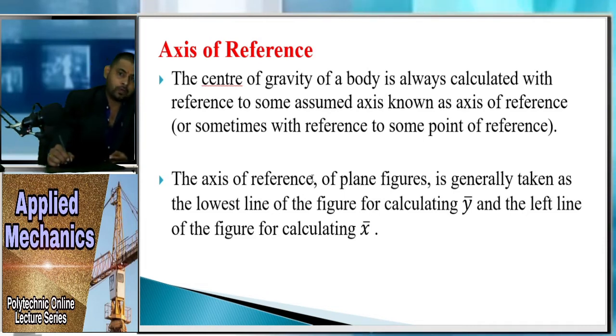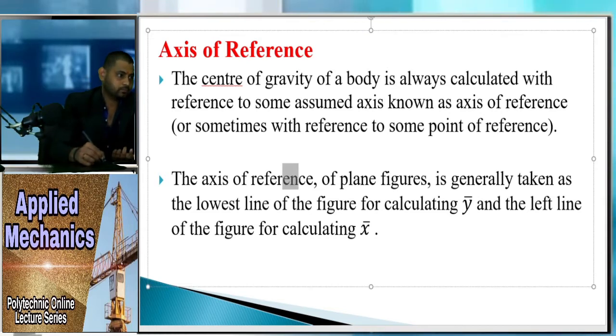If any object or figure is given to us from the above geometry figures, or some different center of gravity shapes, we will see those later. While calculating the x bar and y bar of that body, or finding the center of gravity of that body, when we consider the y bar, it is taken from the lowest line of the figure. From the lowest line of the figure we calculate the y bar, and from the left line of that object we calculate the x bar.